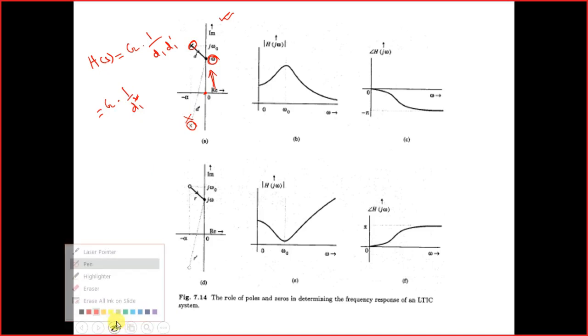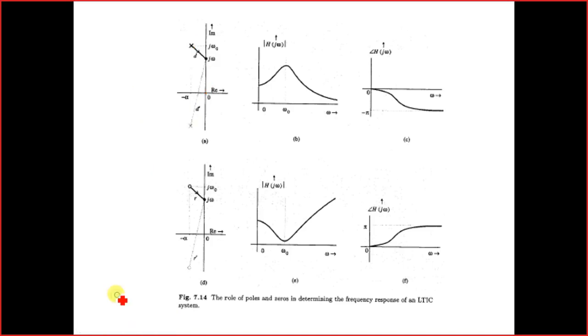Now let us take this example. We are having d. At this point we are having some distance. So what will happen? You are having some amplitude value.